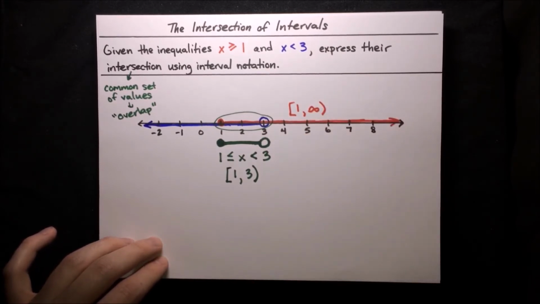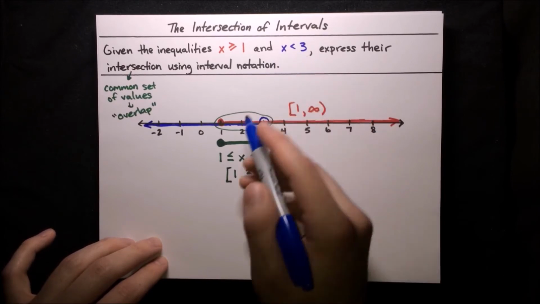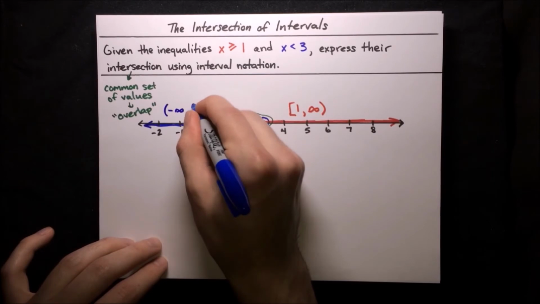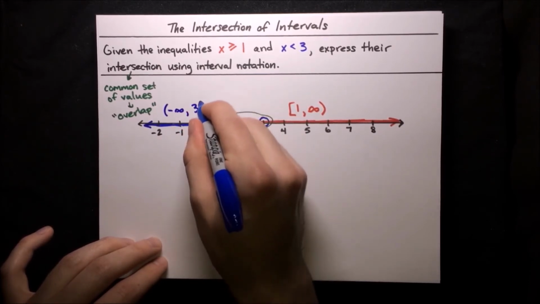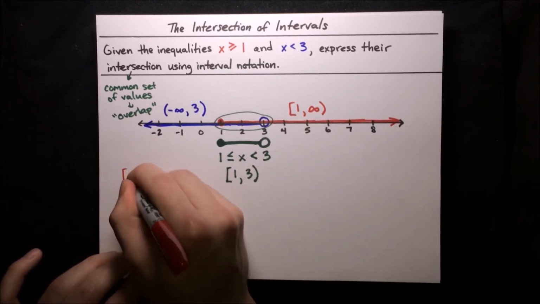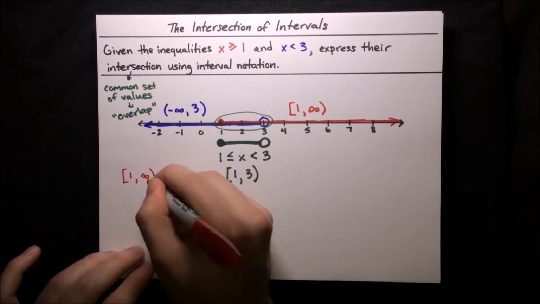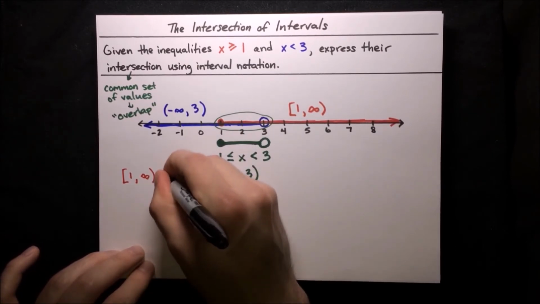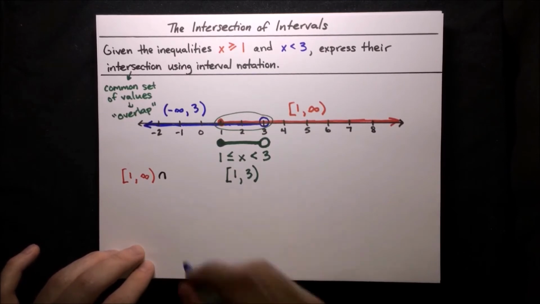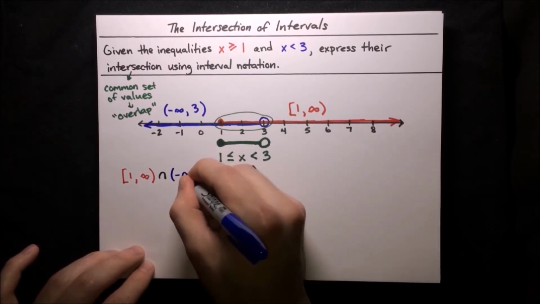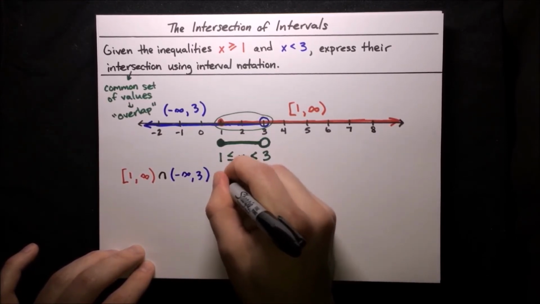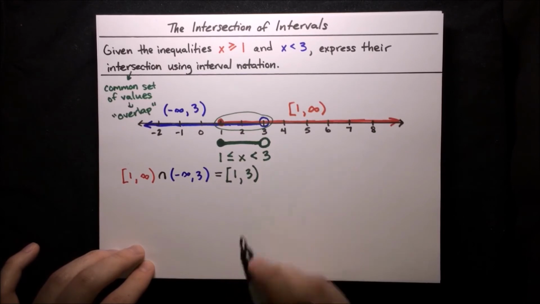And then on the other hand, there's x is less than 3, so we're going all the way from negative infinity up to 3, but not including 3, so 3 gets a parenthesis. And now we can write that this interval, 1, infinity, when we intersect it with the other interval, this symbol just means intersection, so now we'll write the other interval, negative infinity, 3, the result is that we get the interval bracket 1, 3 parenthesis.